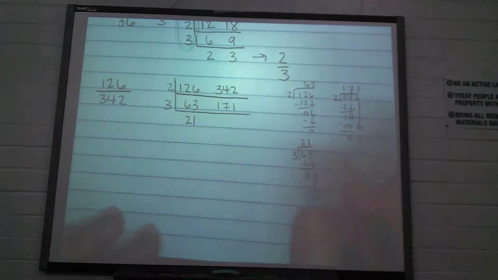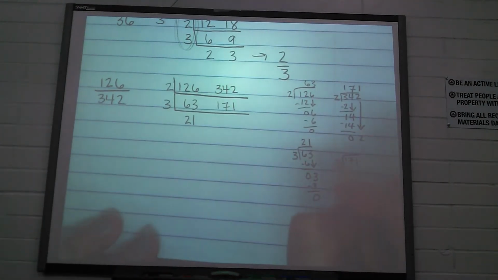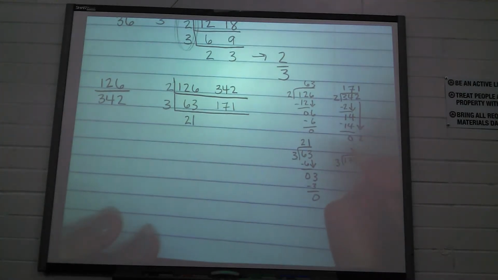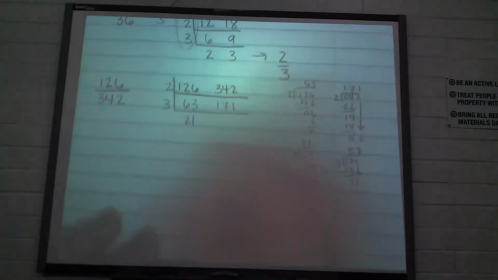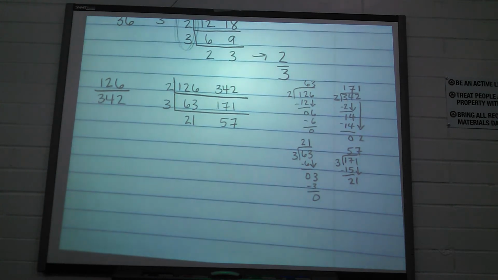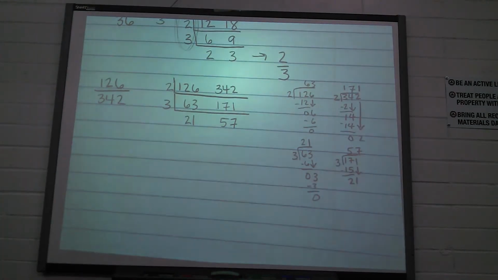All right, 171, same thing. Divided by 3. 3 goes into 17. How many times? That's right, it goes in there 5 times. Bring down your 1. 3 goes into 21 7 times. 57. Wow, still a big number.